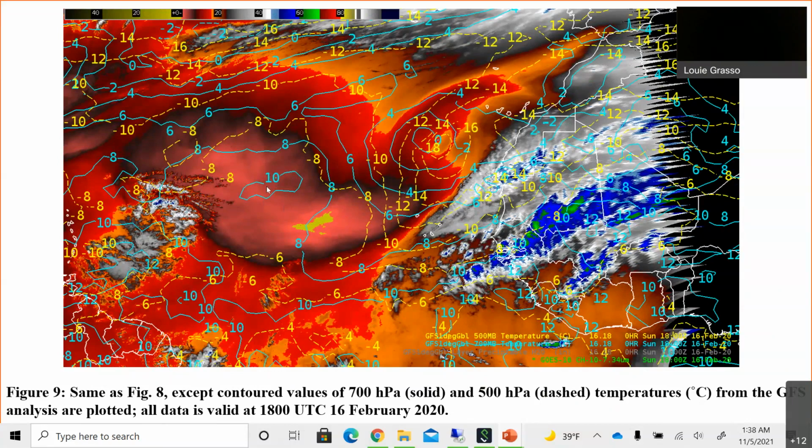So that's like 2. And at 500 millibars, that's the yellow here, we go from -8 to -10, that's only 2. And then -6 to -4, that's only 2. So the air temperatures cannot explain what we're seeing here for the brightness temperature decreases.